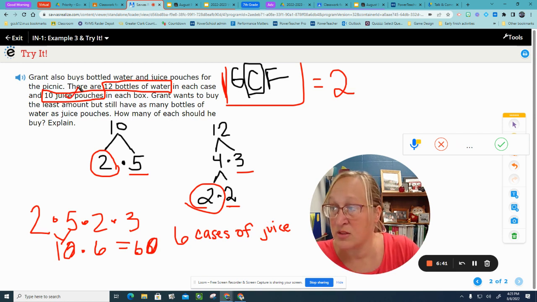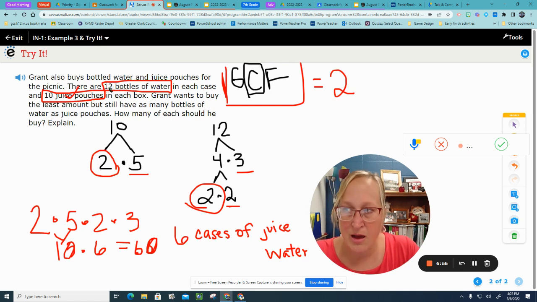Okay, so this one is done. But how many cases of water do I need? Press pause and discuss it. We figured out the 6 by going 6 times 10, but how could I figure this out? 60 divided by 10, 60 divided by 12.